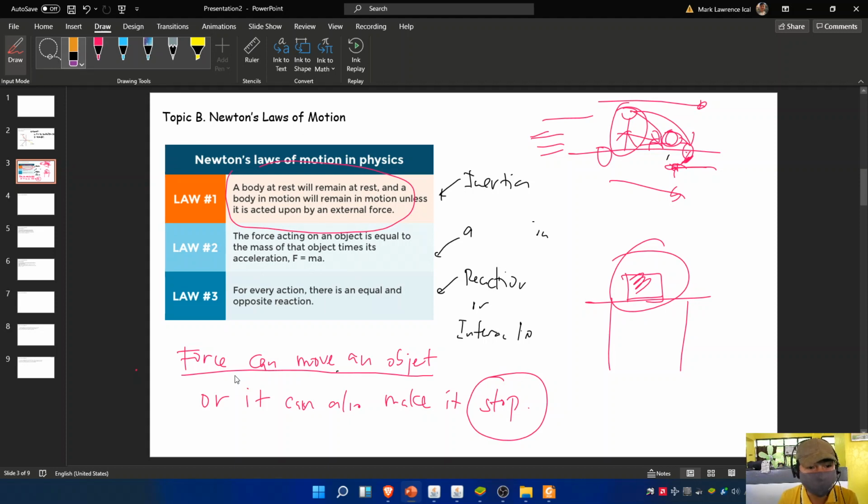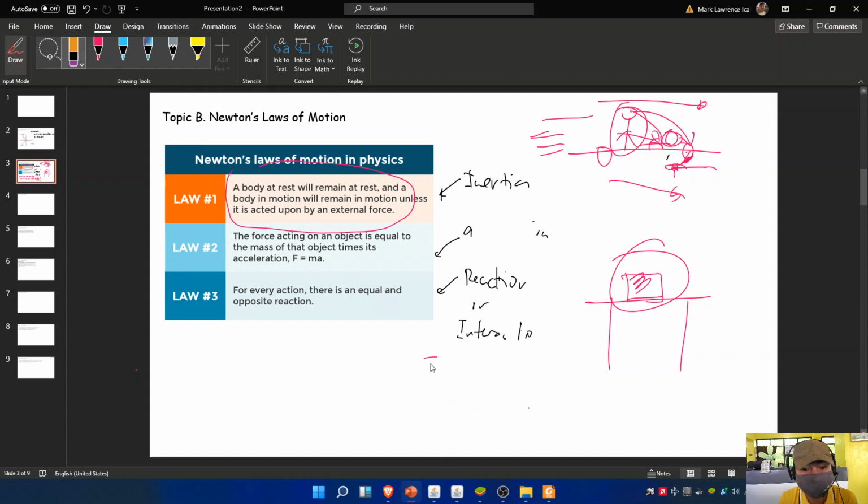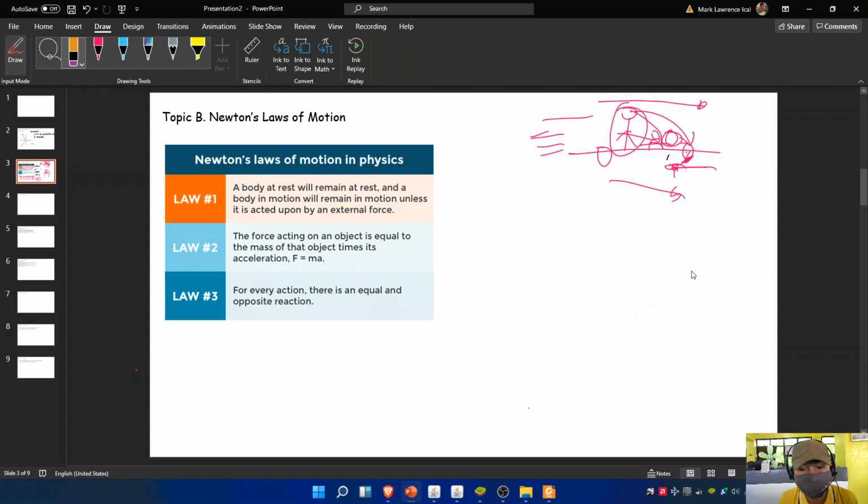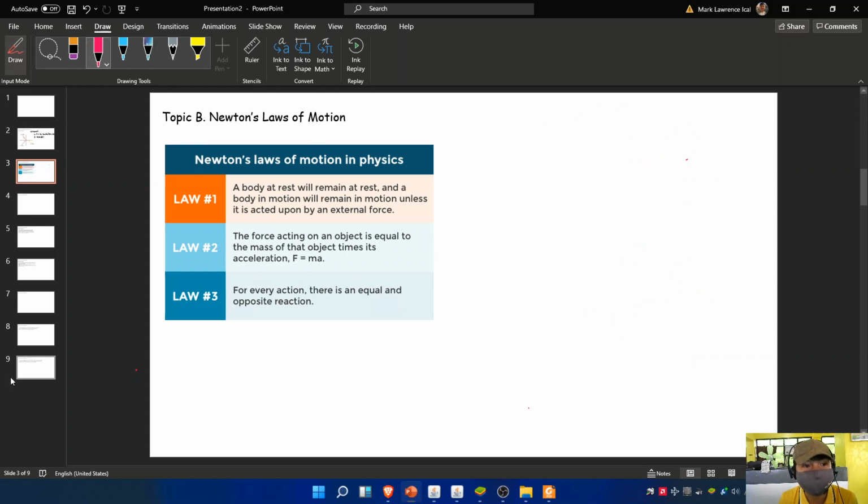So, proceed tayo sa law number 2. Force acting on an object is equal to the mass of an object times its acceleration. Okay. When we talk about Newton's law, it is like a practical application of life. Take for example, this is a sumo wrestler.